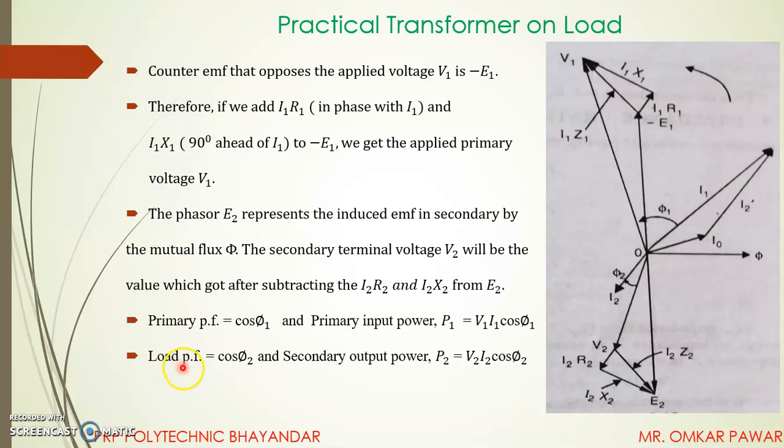The load power factor is cos phi 2 and the secondary output P2 is V2 I2 cos phi 2. So this is the practical transformer on load. Similarly, we can draw the phasor diagram for resistive load and capacitive load.